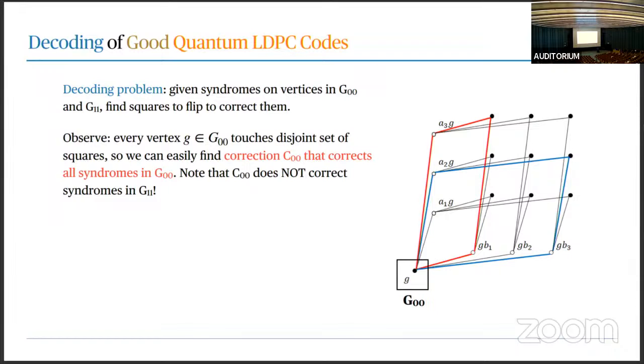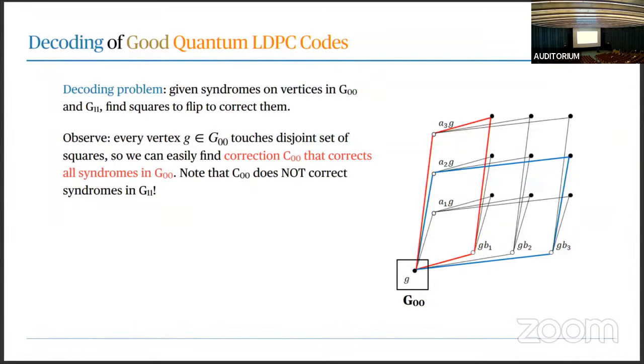And I could just find a flip within those constant number of qubits to correct all the syndromes here. And similarly, I have many vertices here, but I could correct each of them individually because the checks are restricted to local neighborhoods. What did I just say, or what do I really mean? What I mean is I could easily find a correction C00 that will fix all the syndromes in G00.